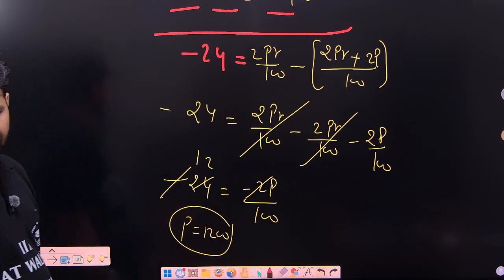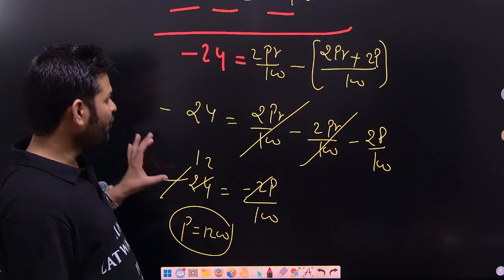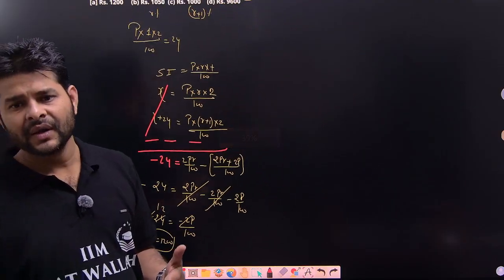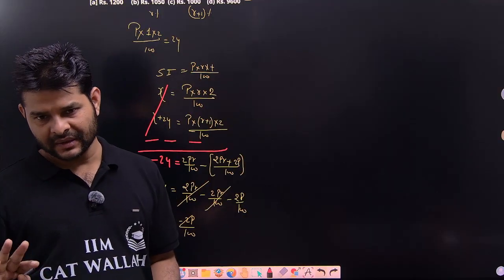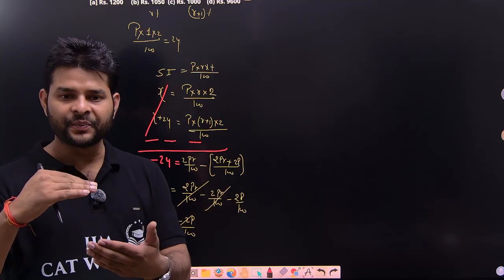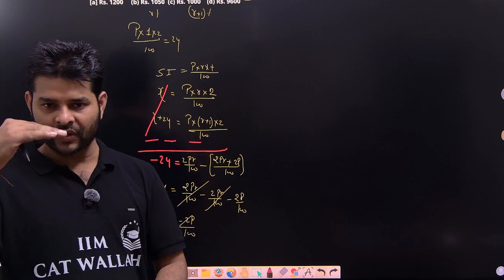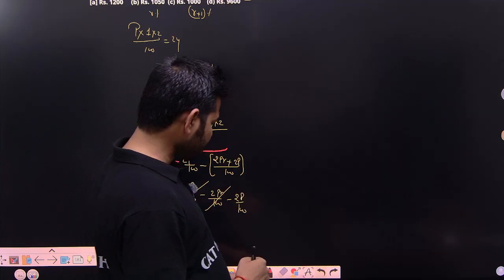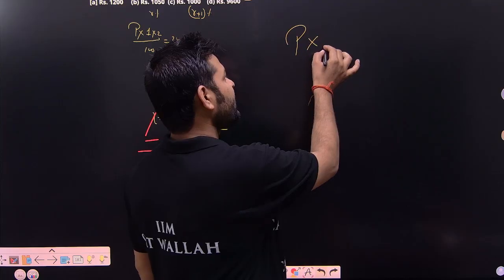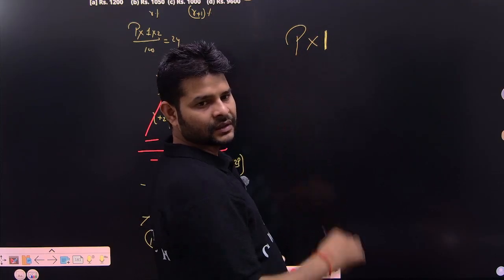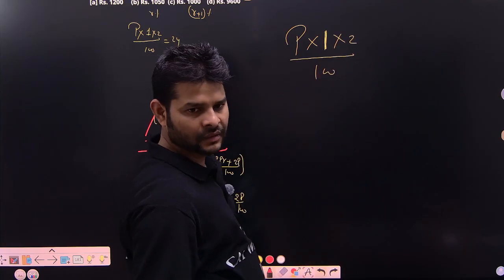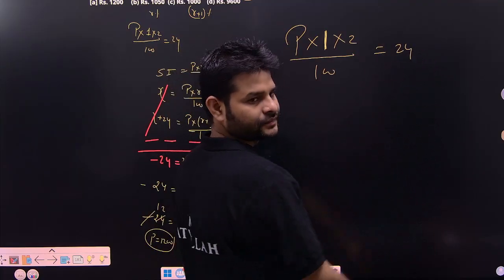That is the detailed method. But what I am saying is, whatever change you are observing is because the rate increased by 1%. When the rate increases by 1%, simple interest increases by 24. So on the principal, if the rate increases by 1 for 2 years, then simple interest is 24.